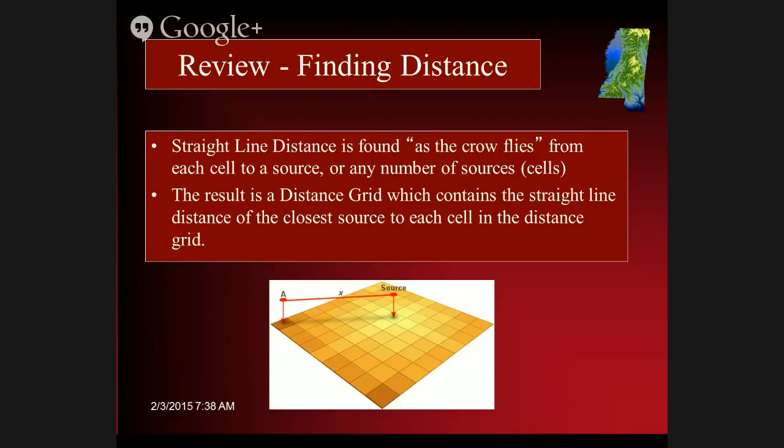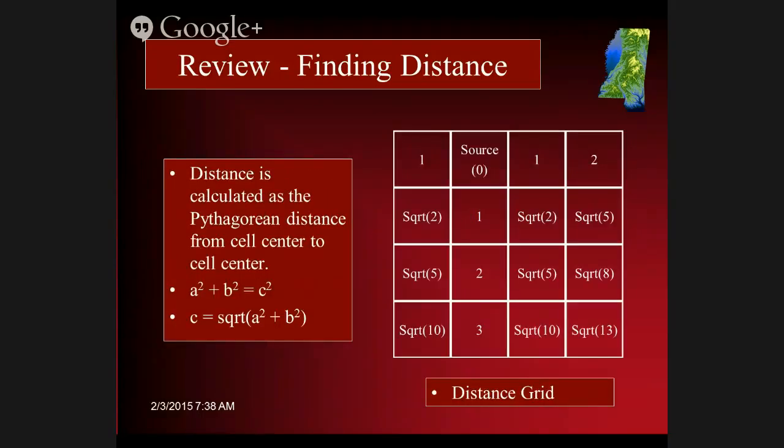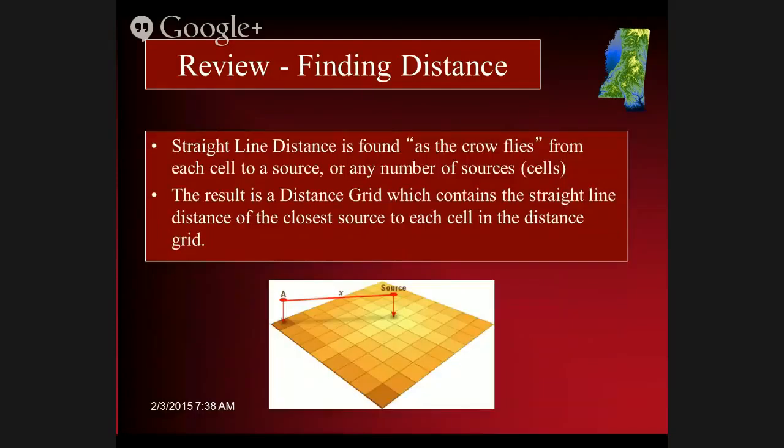Okay, and that's because it's just a straight line distance. So every cell gets a value that represents the straight line distance from that cell back to what we call the source, the location where we're finding the distance from.